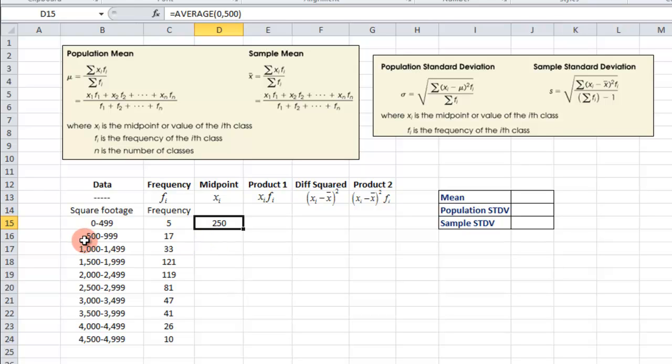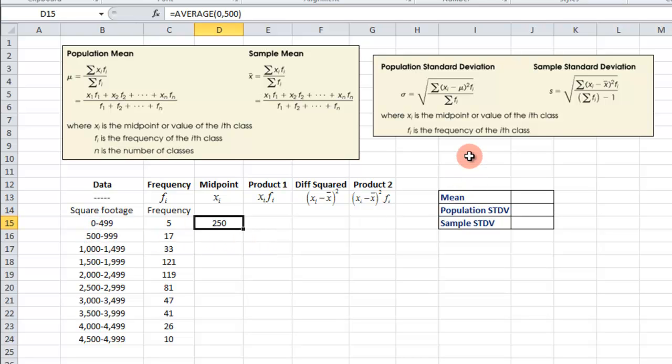All right, then rather than do it for all and just drag it down, I'm going to tell it to add the class width to this, because the class width will then put the next midpoint right in the middle of that. And the class width is 500.